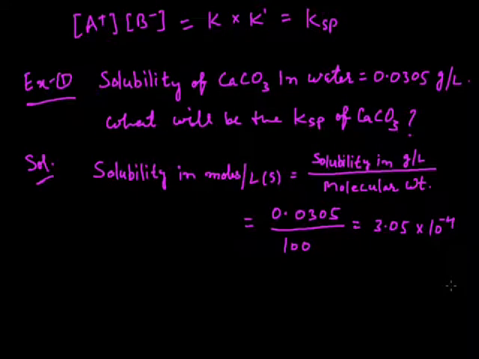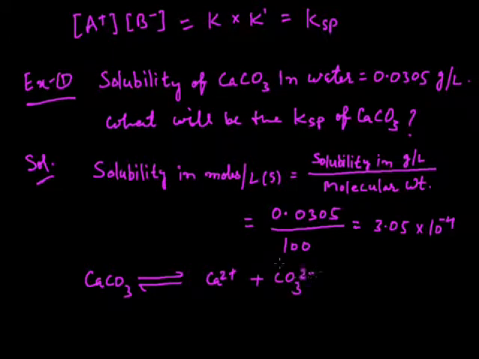We know that calcium carbonate is completely ionized as calcium ion and carbonate ion. Solubility product KSP will be equal to the product of concentrations of calcium ion and carbonate ion.